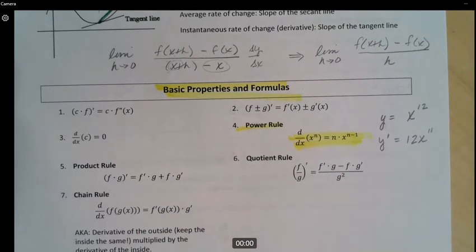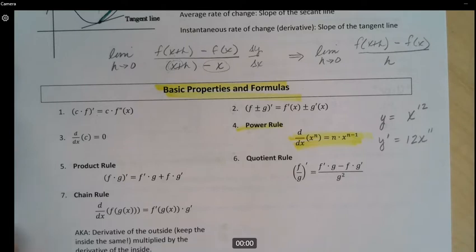If I wanted to take the time to put it through this limit definition, I could, but I'm not going to bother, because after doing it so many times, mathematicians found this pattern: the equation of your derivative is going to be one power level less than your equation, and the exponent turns out to be the coefficient in the front.